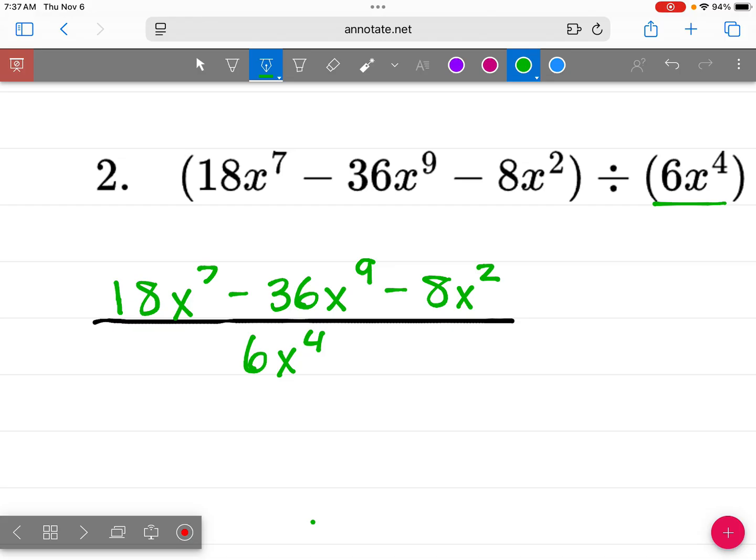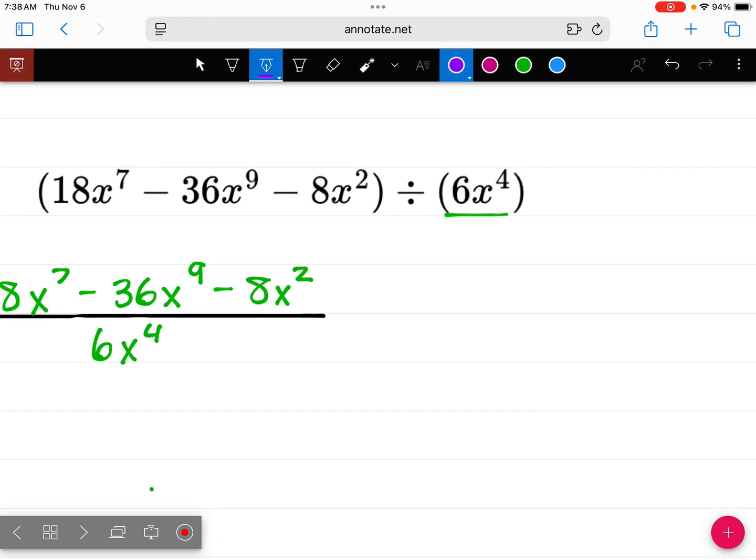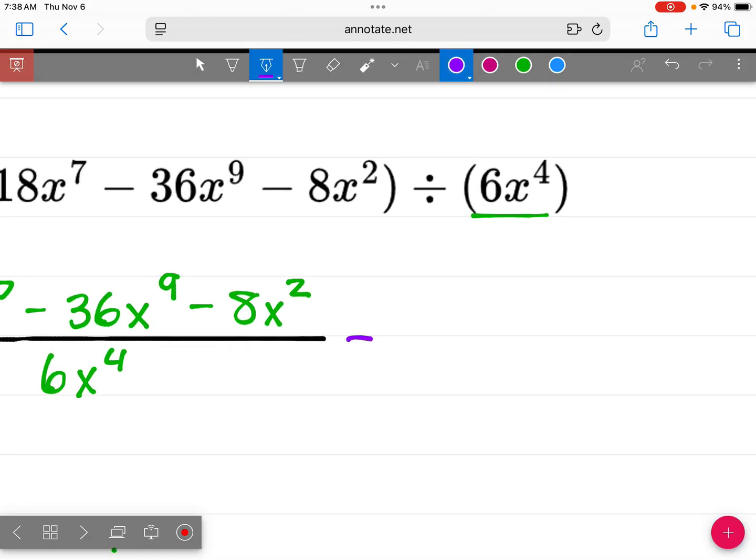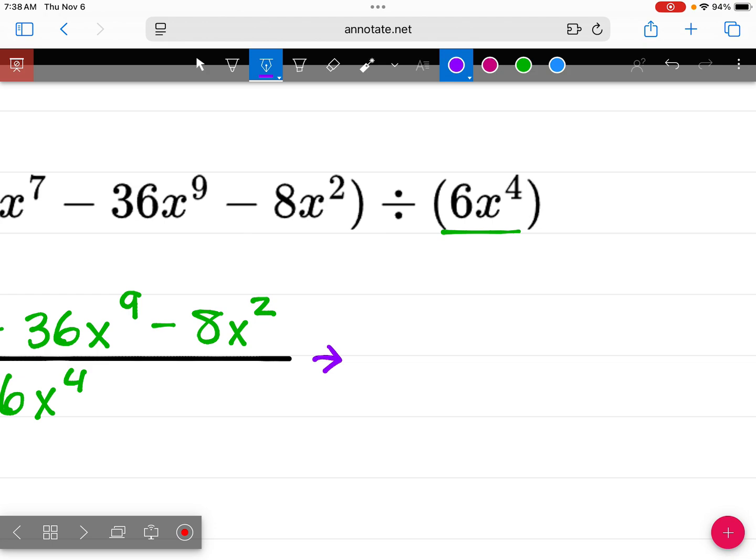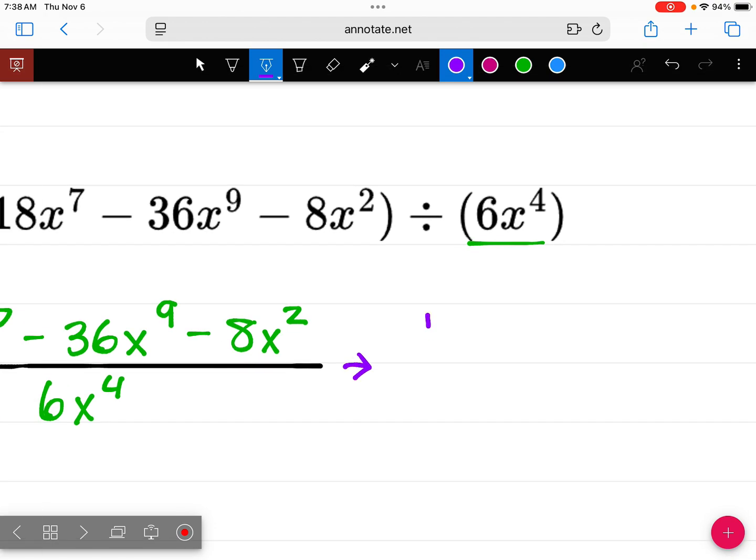So we're going to start by writing them as fractions. Then we need to break these apart into separate operations, separate fractions. It's going to be a lot easier to deal with that way. I'm not saying this is the only way we can do it, but it's the only tool we've got right now. So we're going to break these up into separate pieces. We're going to have our 18x to the 7th over 6x to the 4th.